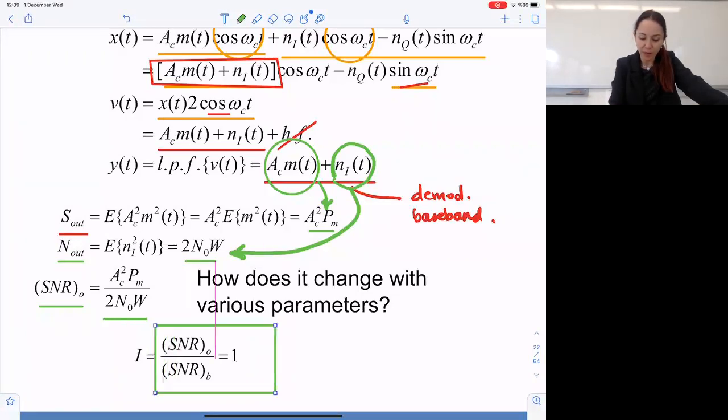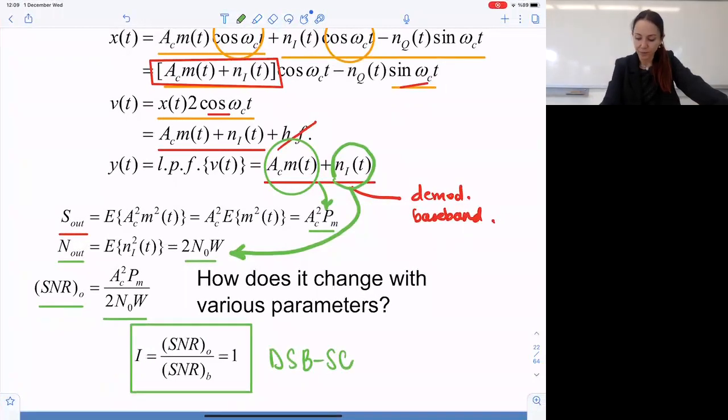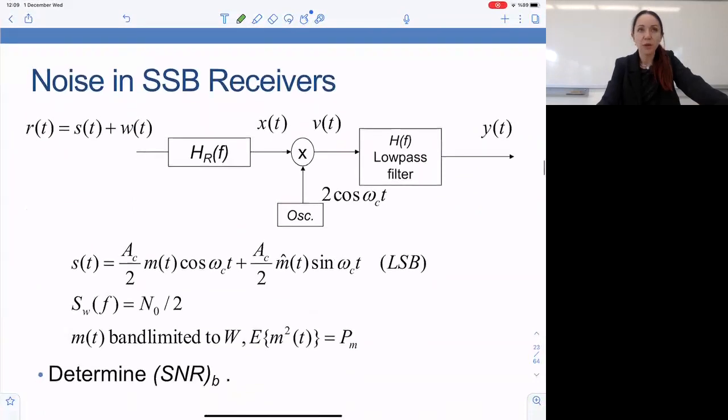For double sideband, the figure of merit is 1. Now, relative to the double sideband, let's see how the other analog communication structures rate in terms of the figure of merit.